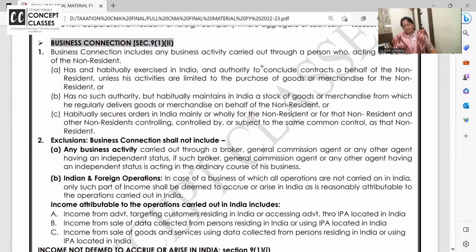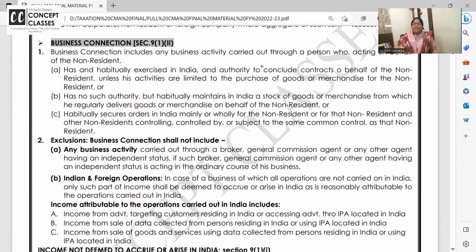Let's read business connection again. You all wanted to do it again, no? Business connection. See, a foreign company having a PE in India, a place of establishment, then whatever they are earning through that place of establishment, they will pay the tax as if it is a branch.